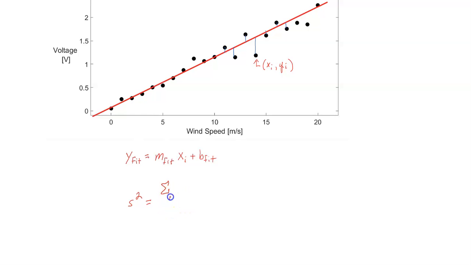It's the sum from i equals 1 up to n, which is the number of calibration points that we took, where we take the difference between yi, our calibration values, and our y fit value, and then we square it. And then in this case, we have n minus 2 in our denominator.